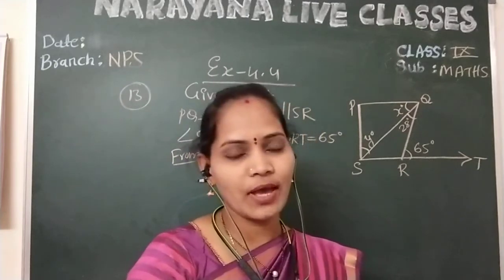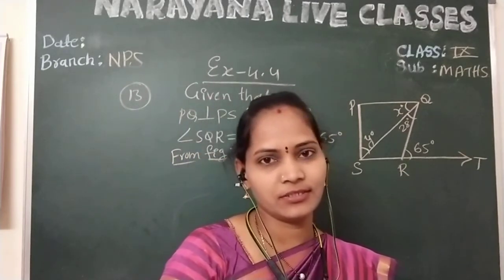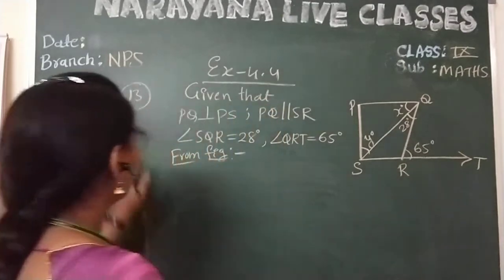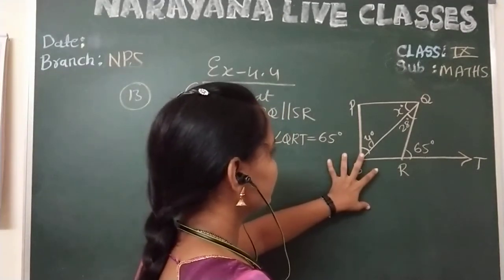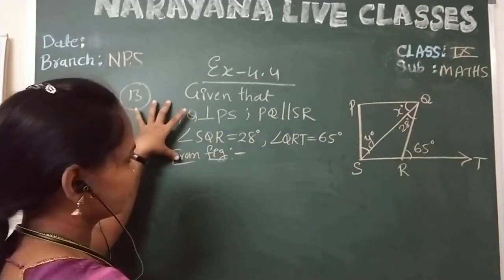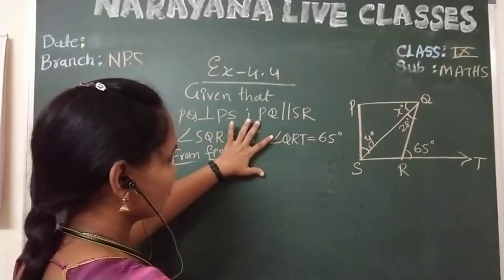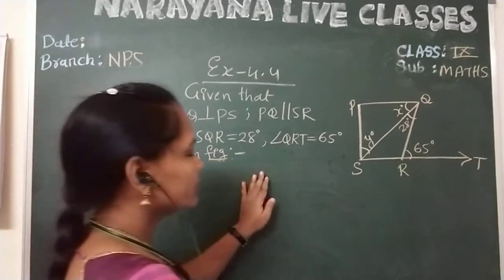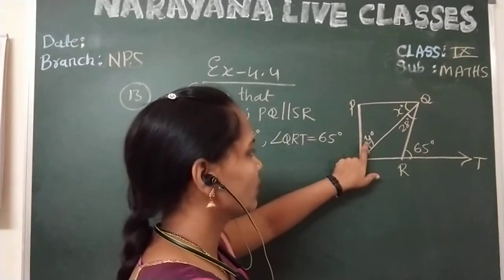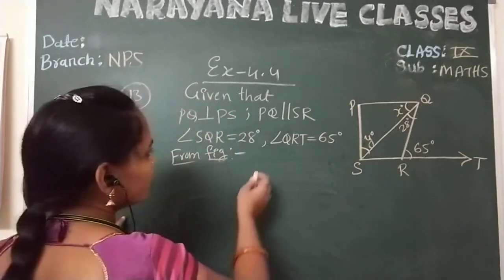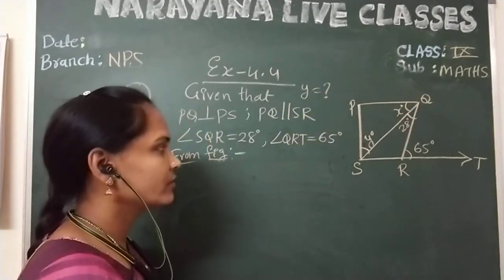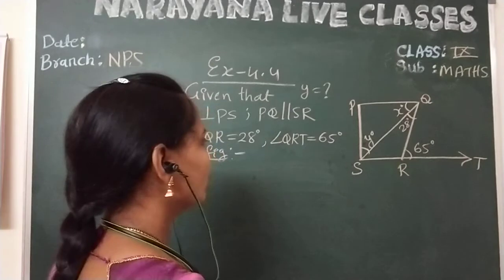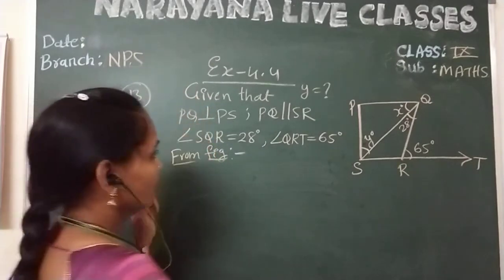In this video, I am going to explain exercise 4.4, 13th question. The question gives this figure and some information. Very simple. First we need to find the y value. How can we find it? All the given conditions are there.